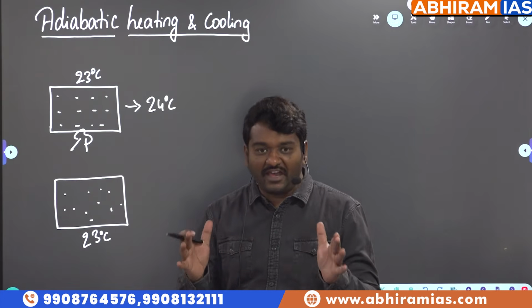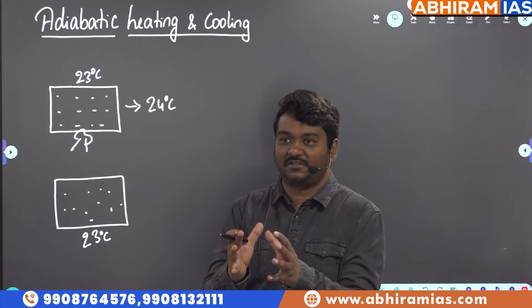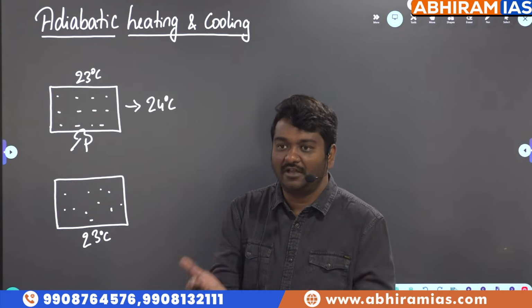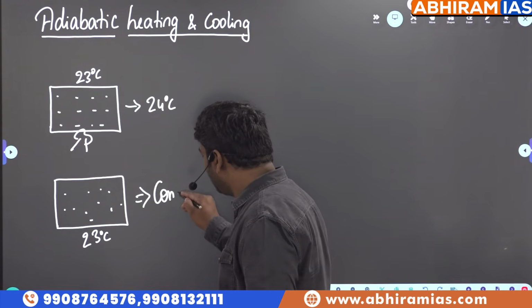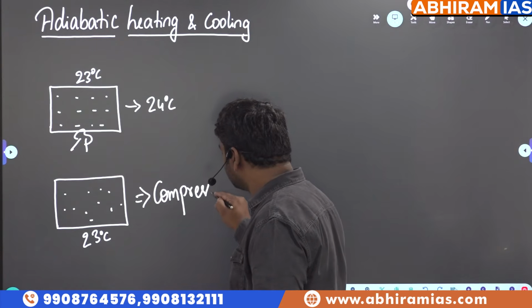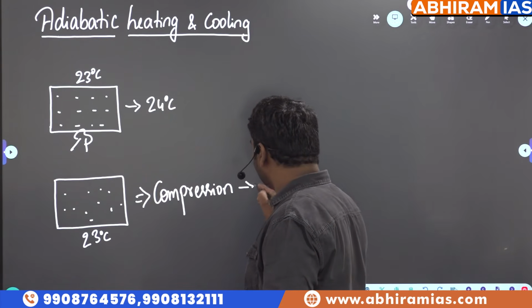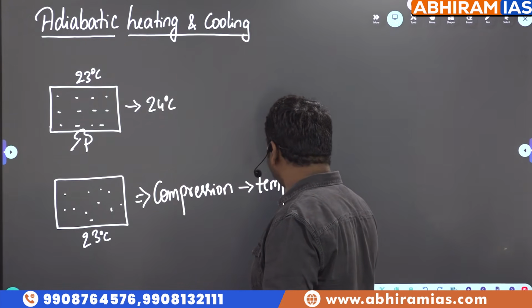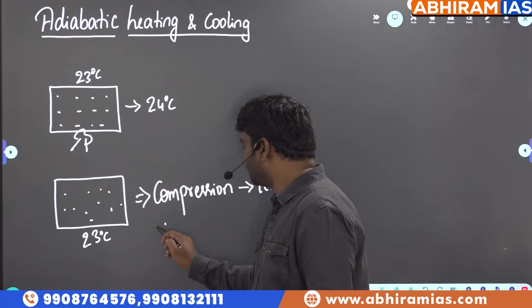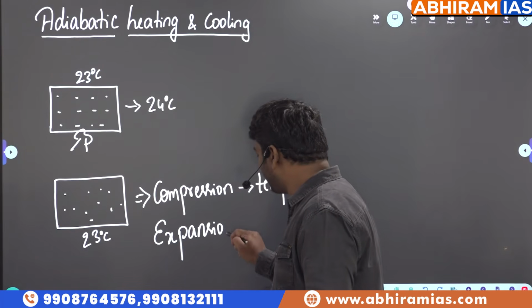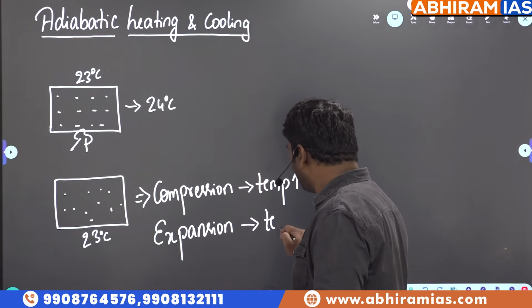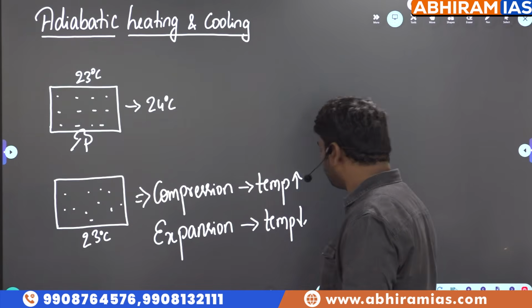Compress. Can we say wherever air compresses, what is going to happen? Temperature increases. So, if we compress, temperature increases. Similarly, what should we do to decrease it? Expansion. Temperature decreases.